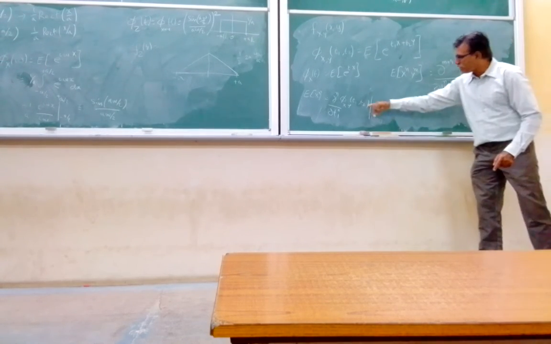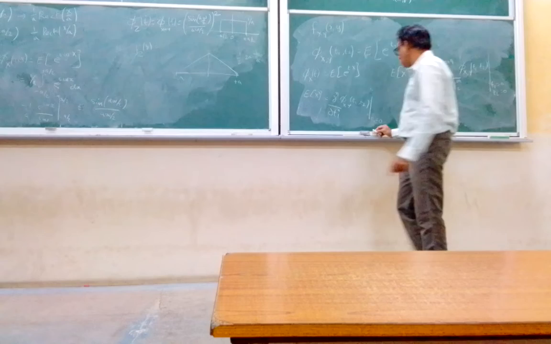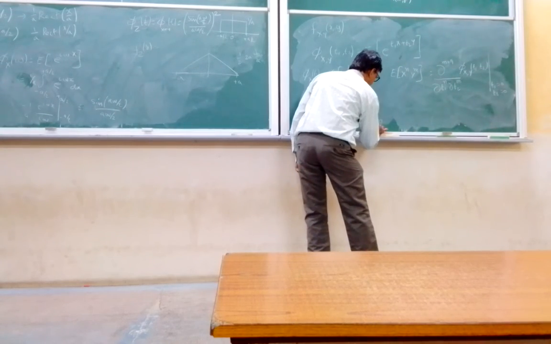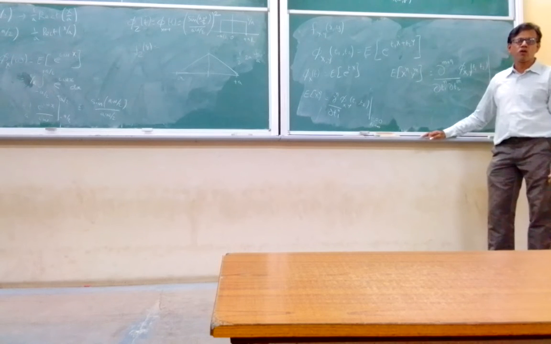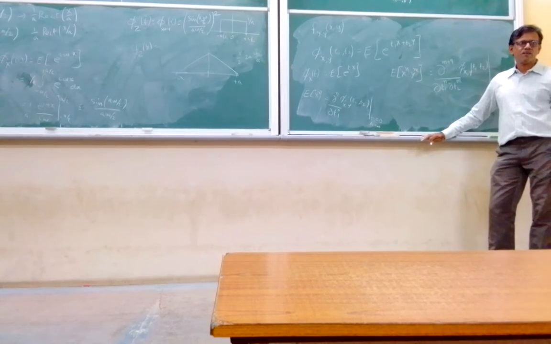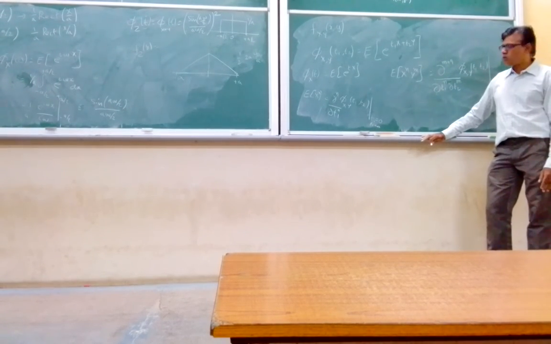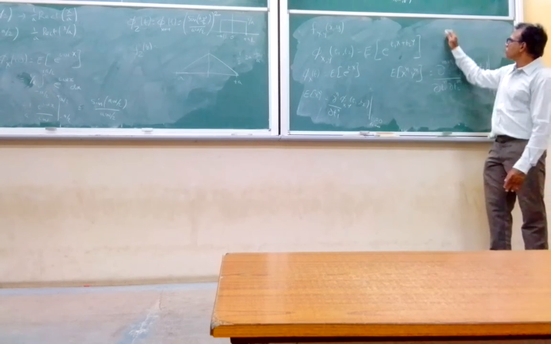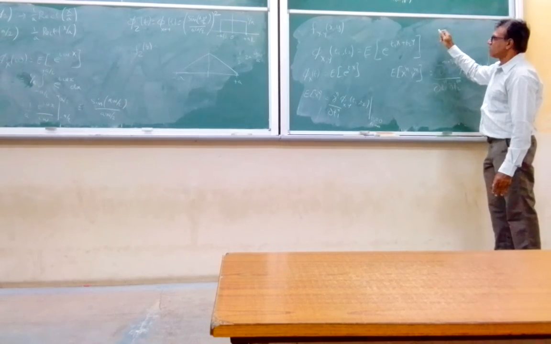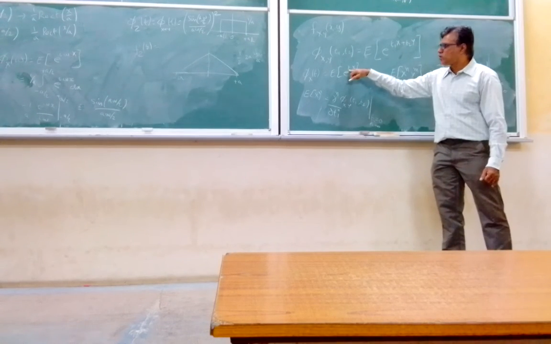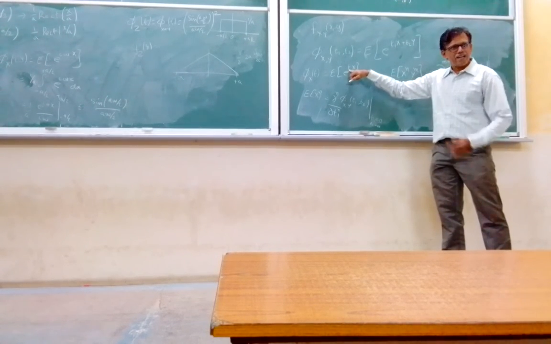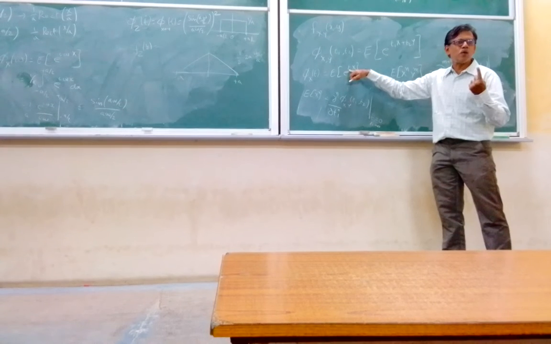Here you have to put t1 and t2 equal to 0, because you cannot leave it as it is. But if you don't differentiate, if you simply substitute t equal to 0 here, it will give 1 only.